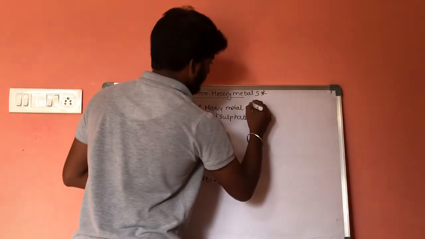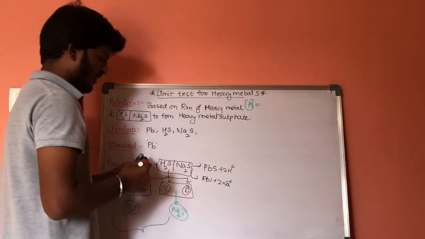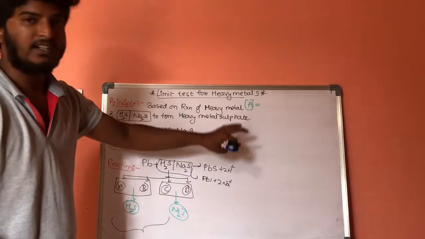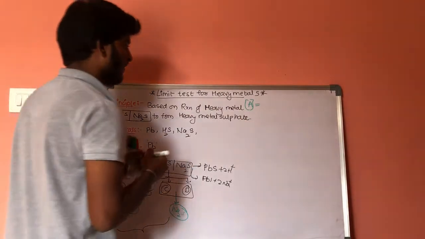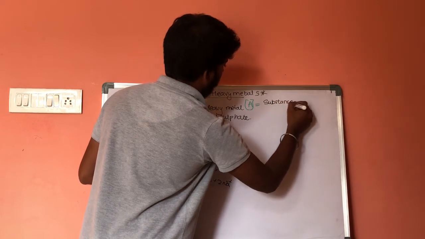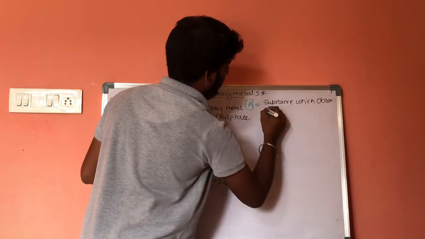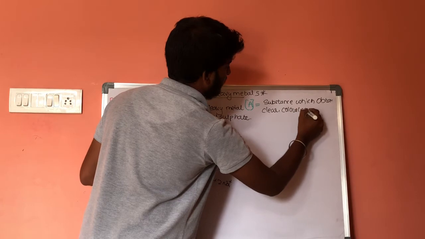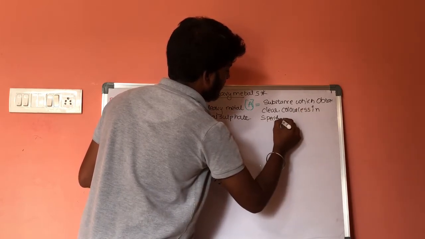What is method A? It is used for the substance which will obtain clear colorless solution in specific conditions.